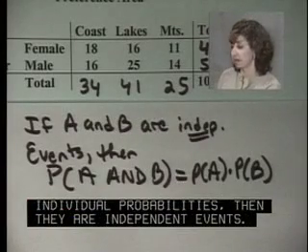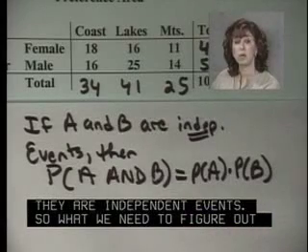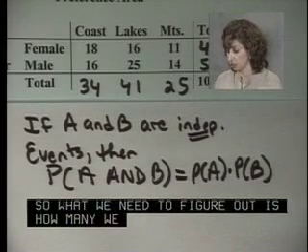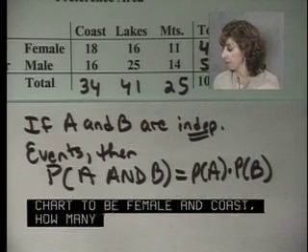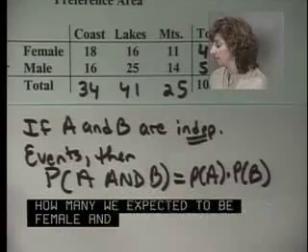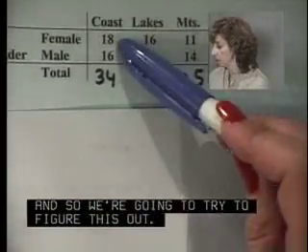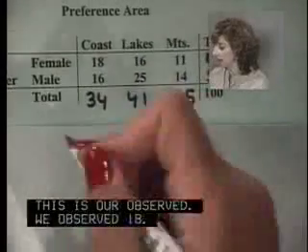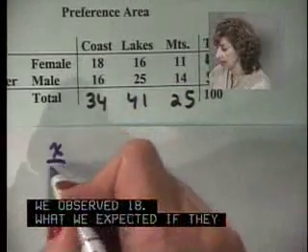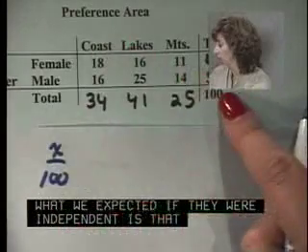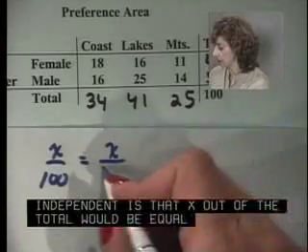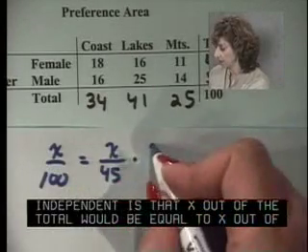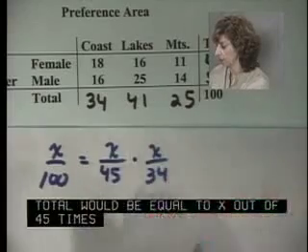So what we need to figure out is how many we expected on this chart to be female and coast, how many we expected to be female and lakes, and so on. This is our observed. We observed 18. What we expected if they were independent is that x out of the total would be equal to x out of 45 times x out of 34.